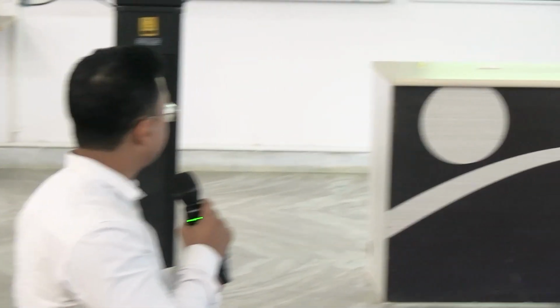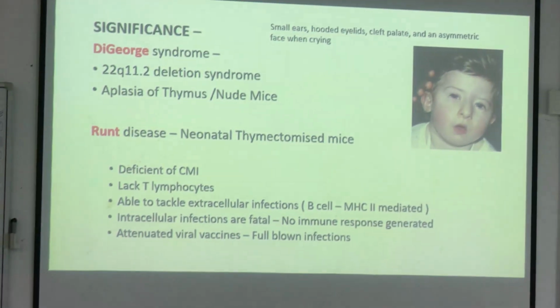Yes, so there will be the deficiency of T lymphocytes. Okay. And there will be deficiency of cell mediated immunity. Obviously, without T lymphocytes, where will cell mediated immunity come from? They are able to tackle some extracellular infection via B cells, but if there is an intracellular infection, then it is fatal.